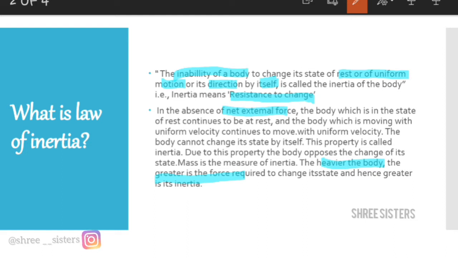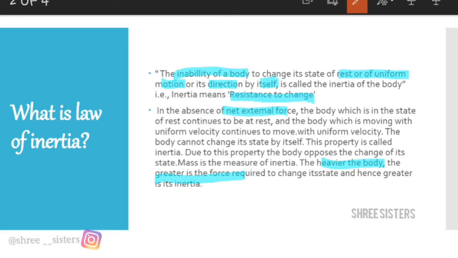If you kick it with an external force only, it will move, or else it won't move. And after you kick the ball, it will keep on moving until you apply an external force. So it will continue to be in the state of motion or rest until an external force is applied, and it cannot change by itself.